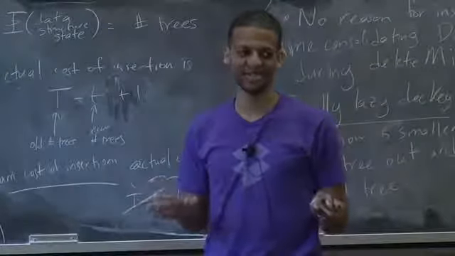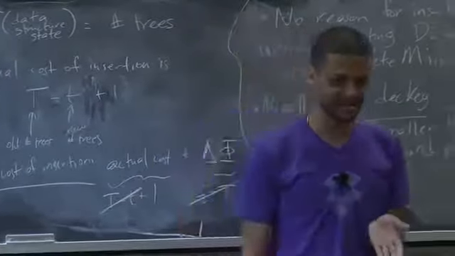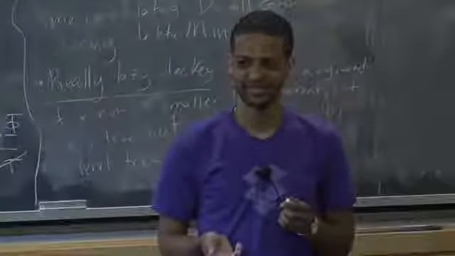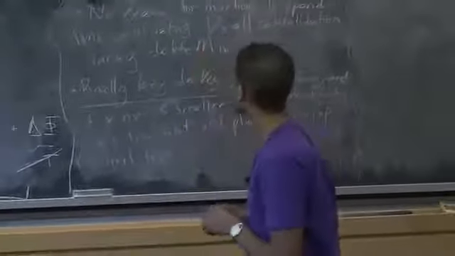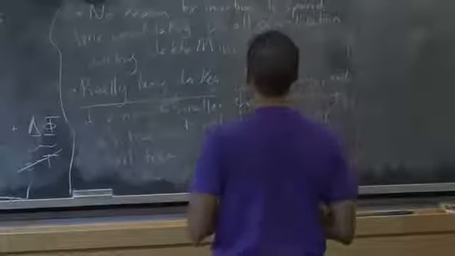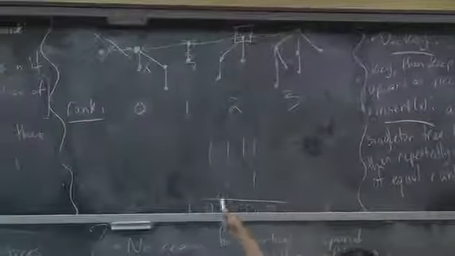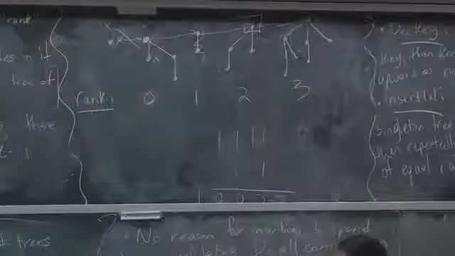This is not a trick question. What does a delete min do? It has to look through all of those top level roots and find the min.